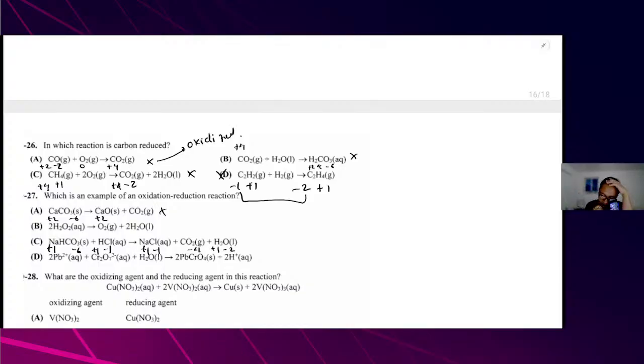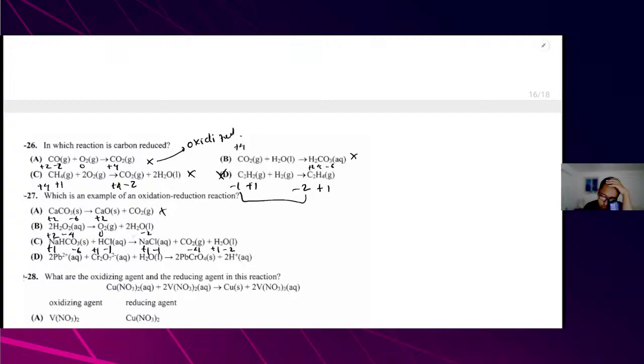Okay, and then how about the D option? Okay, how about this one? This one is 0, and then it goes to minus 4, and then this one is 2, minus 2.